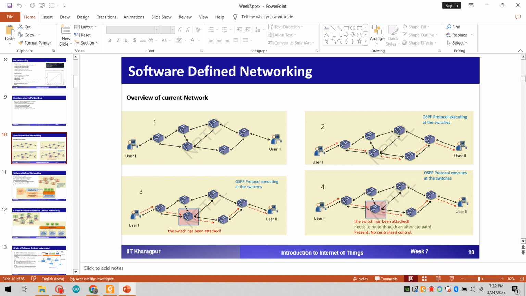Now there is a problem in this case: if a particular node gets attacked, then we need to make changes in all the nodes, right? In order to remove that problem, SDN comes into the picture. And when SDN comes into the picture, OpenFlow comes into the picture. So for the traditional OSPF protocol, there is no OpenFlow protocol. The OpenFlow protocol comes into the picture whenever SDN comes into the picture, right?